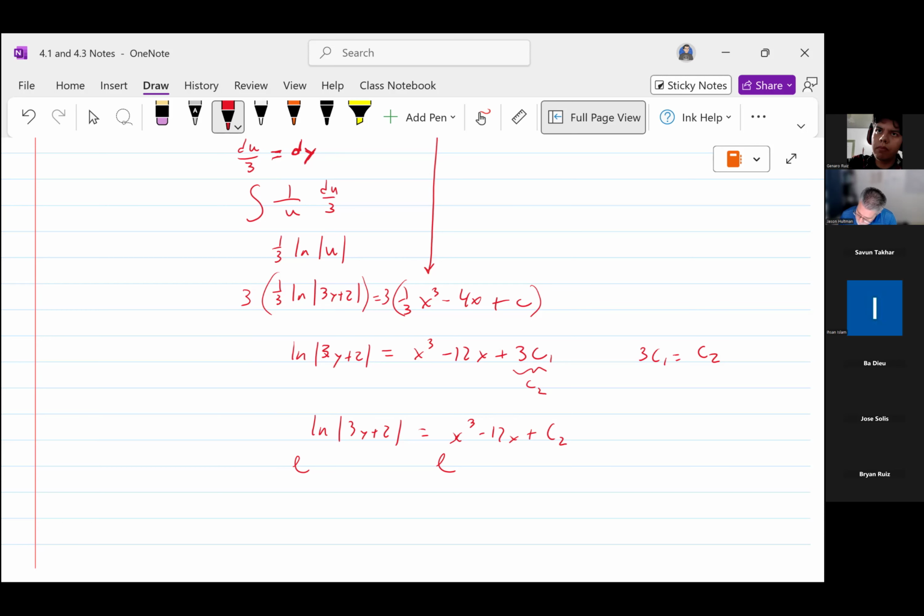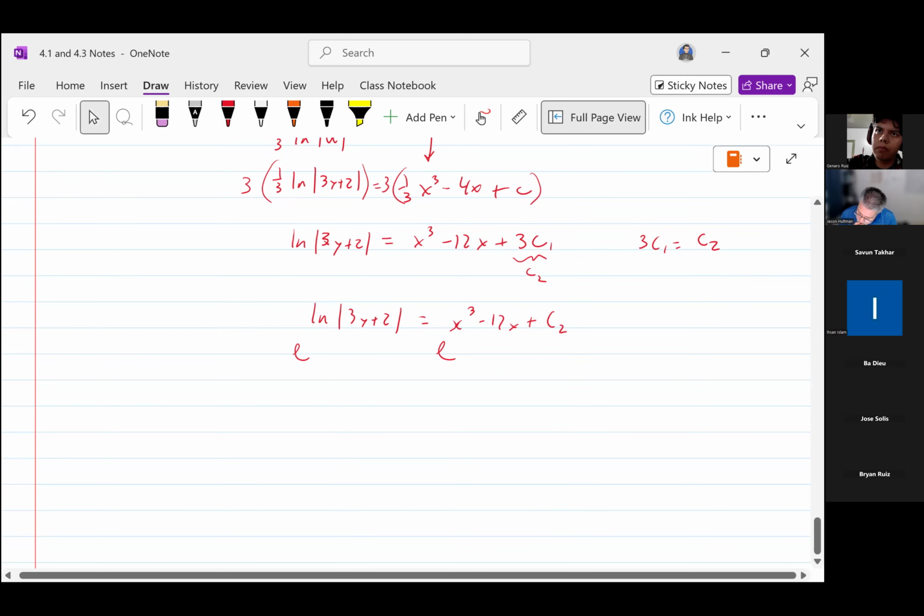So now we're going to cancel. I'm left with the absolute value of 3y plus 2 is equal to e to the x cubed minus 12x plus c2.